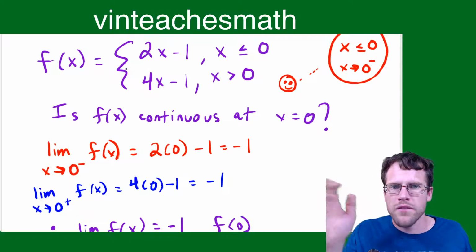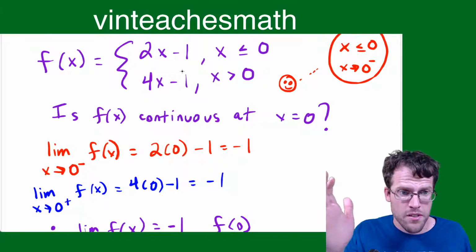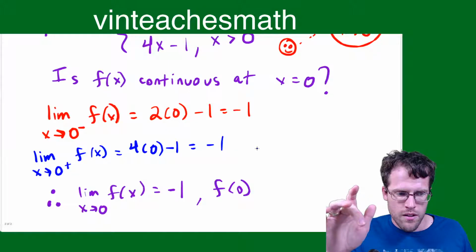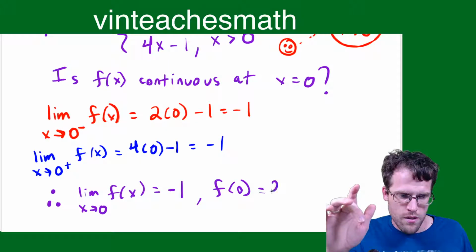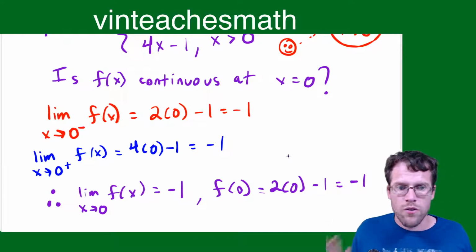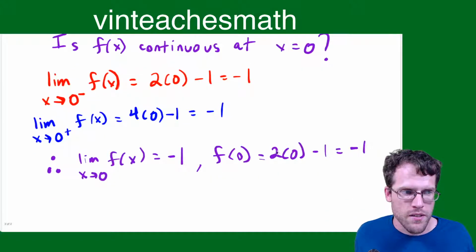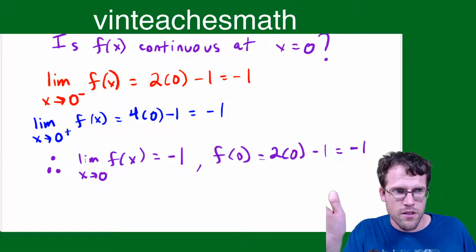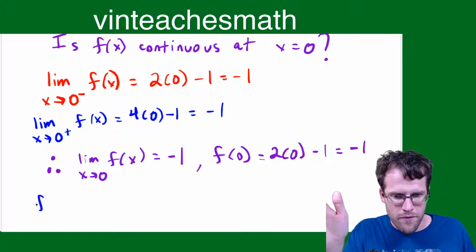So if we want to find f of 0, we would plug 0 into the top piece. So you're going to have 2 times 0 minus 1, and that's equal to negative 1. So now conclusion, is f of x continuous at x equals 0? Absolutely. It is absolutely continuous.